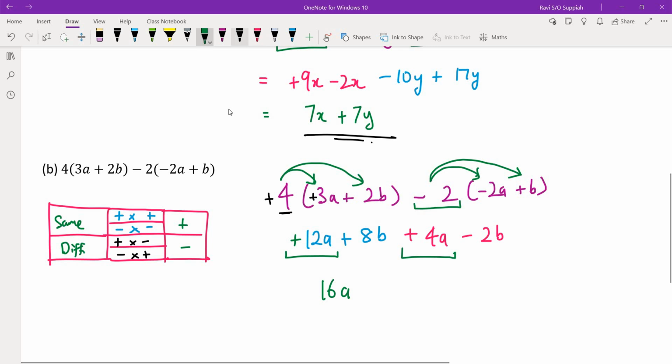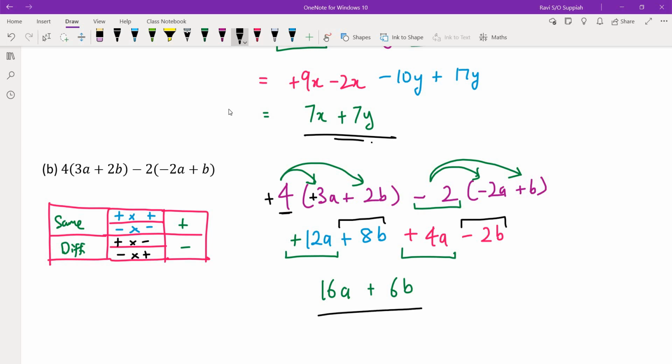And then for the b, plus 8b and minus 2b. So you have $8 and you're giving away $2. Balance is you still have $6, so plus 6b. So that's the final answer here, 16a plus 6b. Thank you.